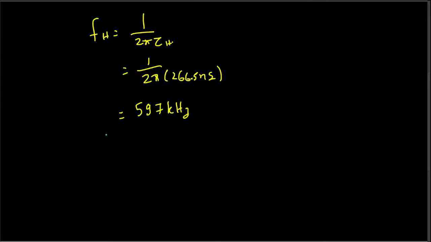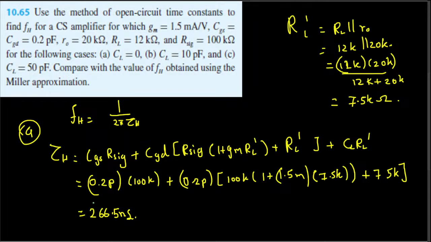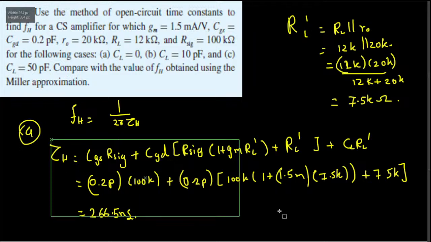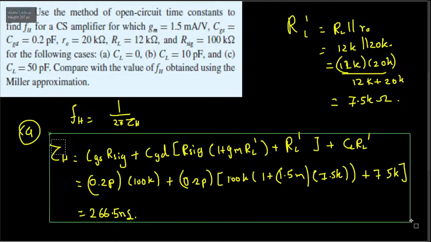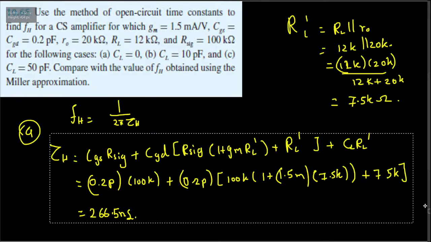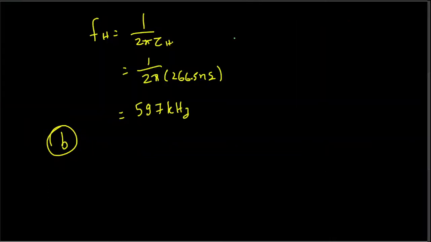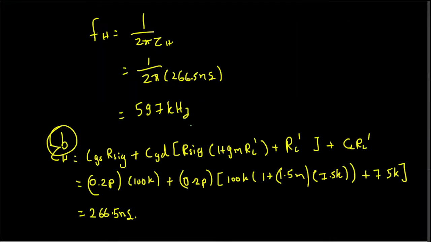When CL is equal to 10 picofarad, B part, the only difference is that everything remains the same except this CL RL prime term. Now we are going to have the CL RL prime term as well. So I can just copy and paste this and add that term.